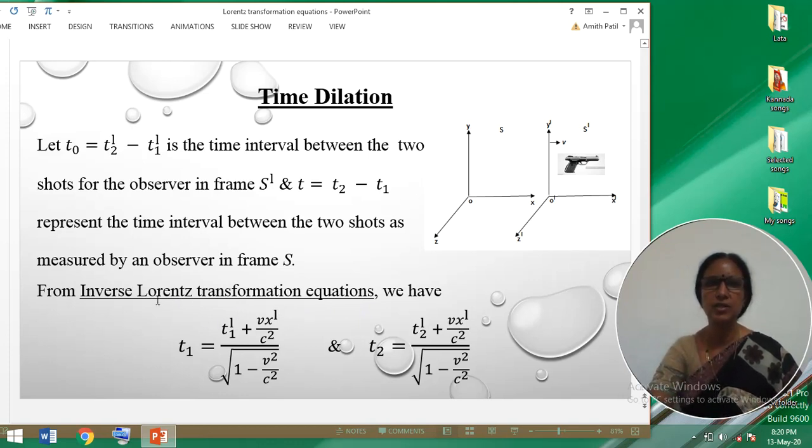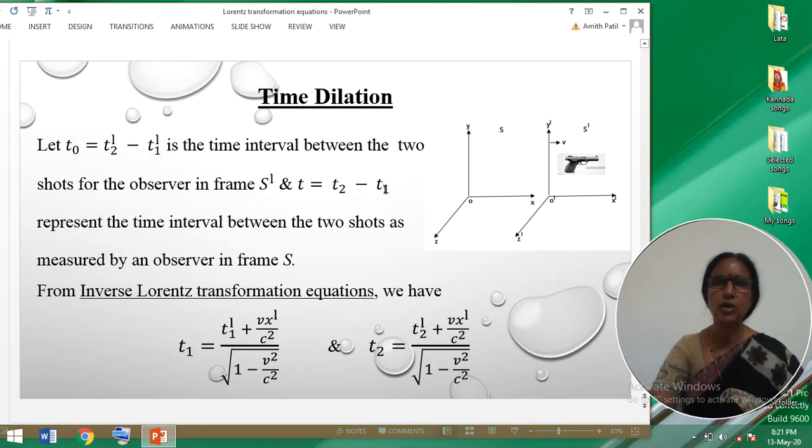If we consider Lorentz transformation equations in this derivation, both t and x will be variable as frame S' is moving with a certain velocity. Therefore, for the observer in frame S, both the coordinates x1 and x2 have to be substituted in this equation, and the calculation becomes very tedious. So we have to consider inverse Lorentz transformation equations.